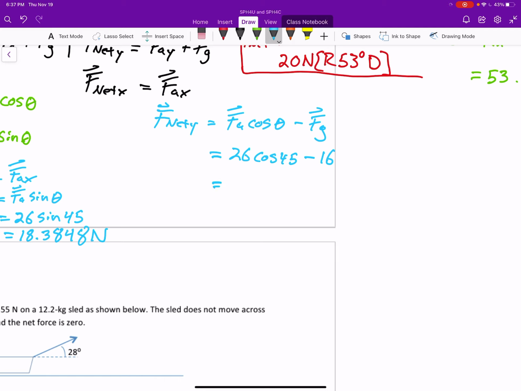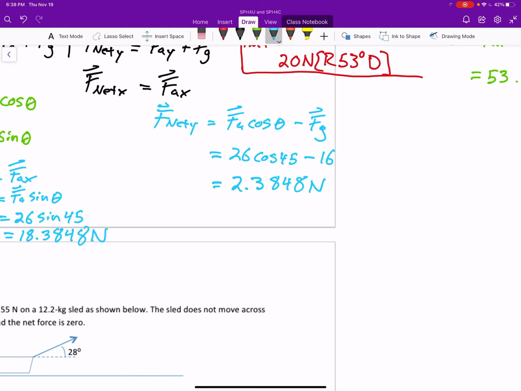So we will do 45, the cosine times 26 equals that, and we'll subtract 16 from it. So the net force in the y direction is only 2.3848. That's also newtons.